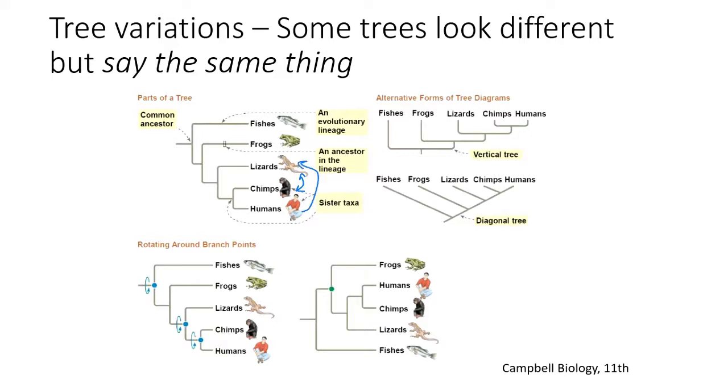This tree is not telling you that chimps are closer to lizards than humans. No. We need to travel to the common ancestor between chimps, humans, and lizards. And the common ancestor is here. And you can see that the common ancestor that I labeled with the arrow is located at the same distance from chimps and humans.